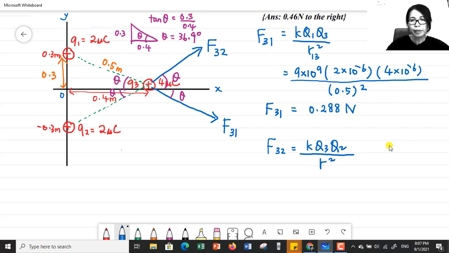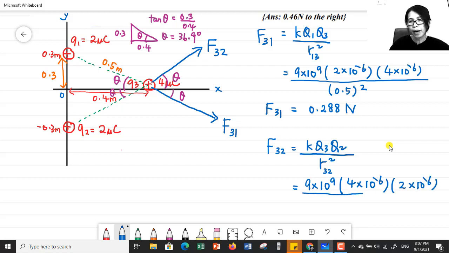The R will be the separation between charge 3 and charge 2. Then we put in the values, K is 9 times 10 to the power of positive 9. The charge Q3 is 4 times 10 to the power of negative 6. Charge Q2 is 2 times 10 to the power of negative 6. Divided by the separation between the two charges, also the same, 0.5 squared.